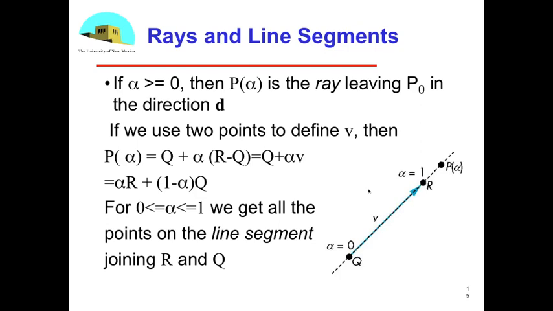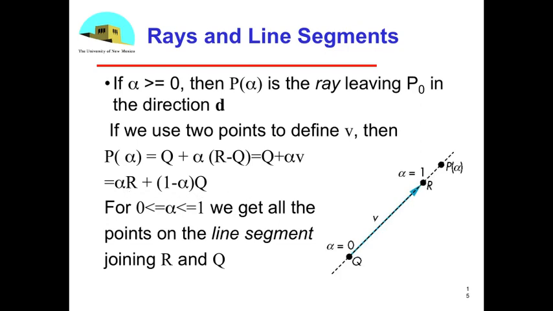Now if I use the notion of point subtraction to define this vector, because every vector could be defined by the subtraction of 2 points, I could say there exist 2 points that correspond to having this length of v and the direction of v, and let's call them r and q. And so if I substitute r minus q for the vector v, I can write it in this form, just algebraically working this out.